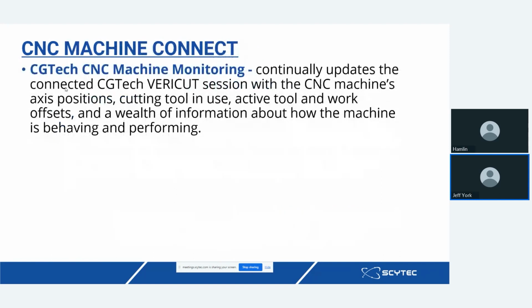Now, CNC Machine Monitoring continually updates the connected Scytec Vericut session with the CNC machine's axis positions, cutting tools in use, active tool and work offsets, and a wealth of information about how the machine is behaving and performing.